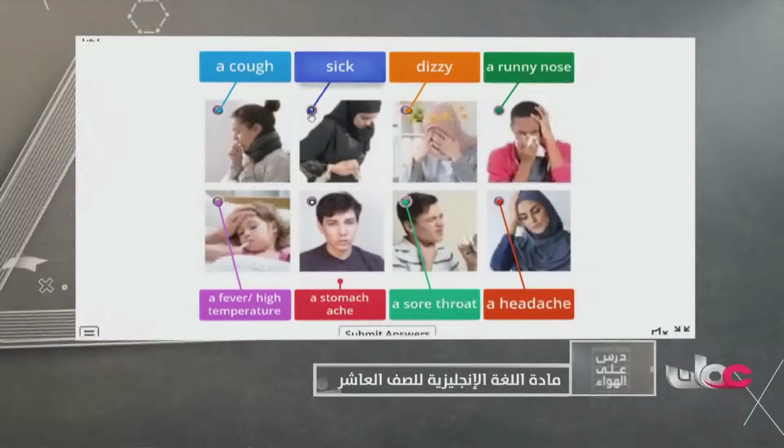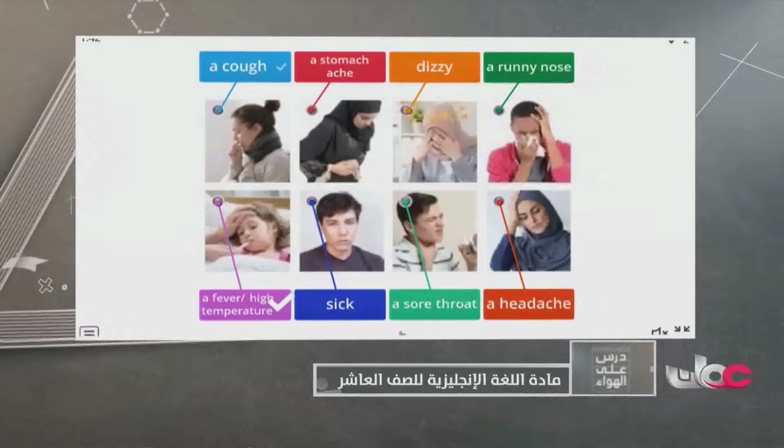And the last one is this lady. She is putting her hand on her stomach. I think, sick. This is sick. And stomach ache. Look at this lady. She is putting her hand on her stomach.